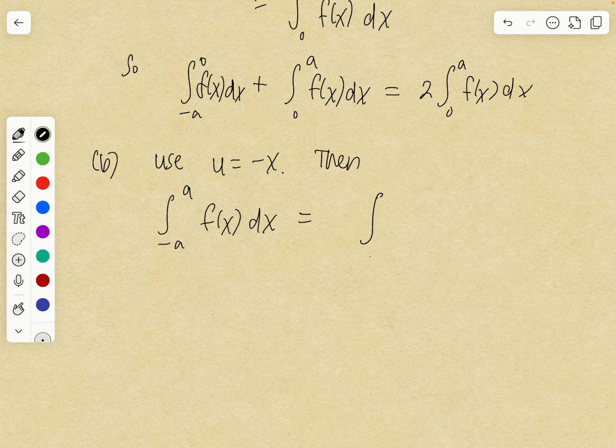Negative a is going to turn into a, a is going to turn into negative a, dx is negative du, right? So you have a minus du, and then f of x is f of negative u, because u equals negative x tells you that x is negative u.